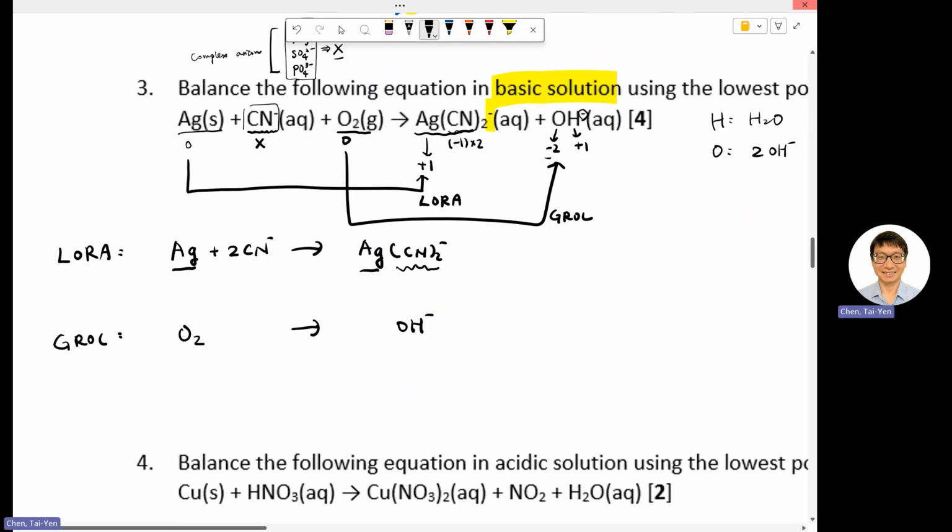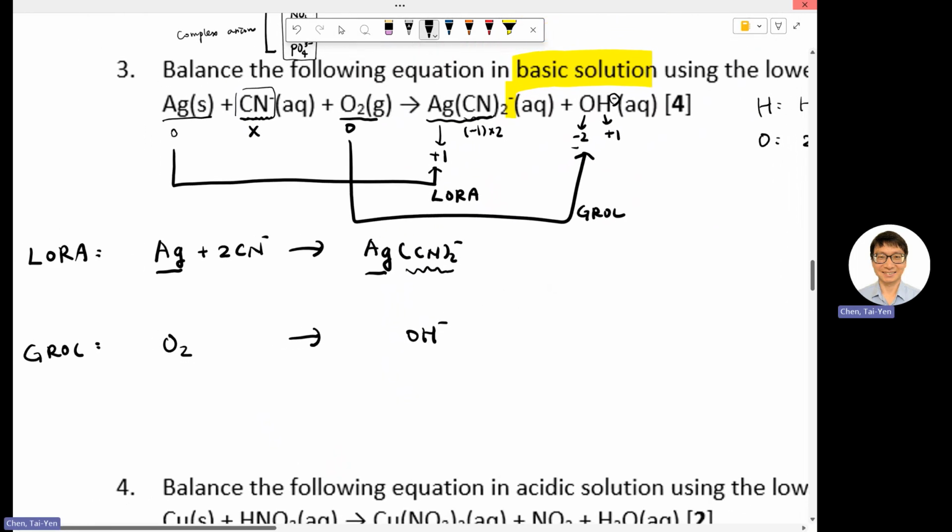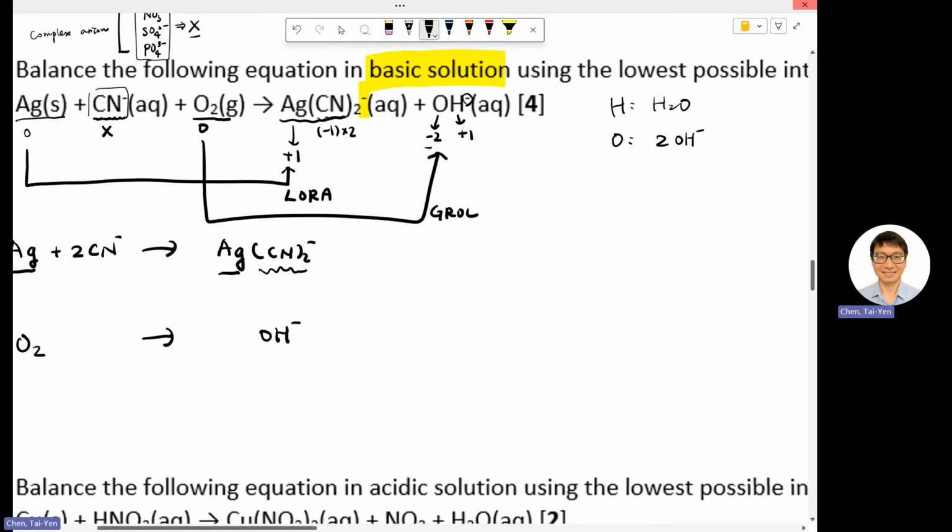On the left-hand side, you have your O2. On the right-hand side, you have your OH minus. And here you are in the basic solution. This is a very interesting case that you want to be really careful with. We know to balance the oxygens in the basic solution, if you're missing one oxygen, then you're going to add 2 OH minus.